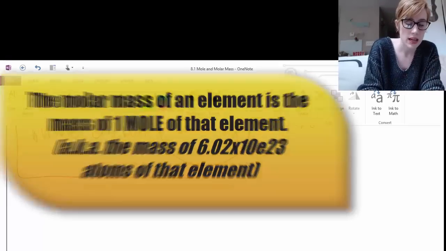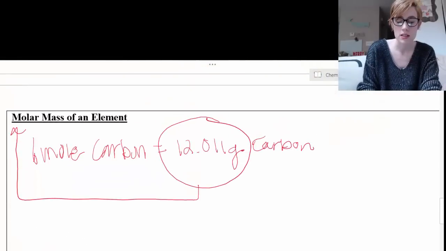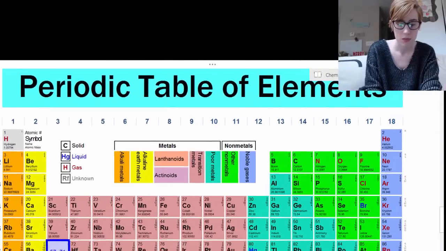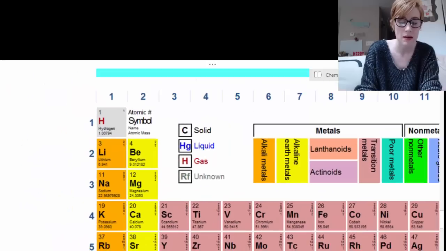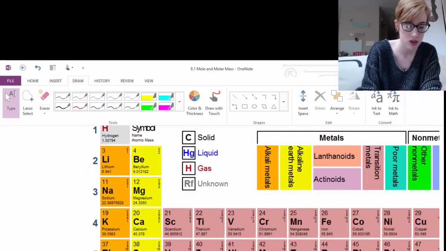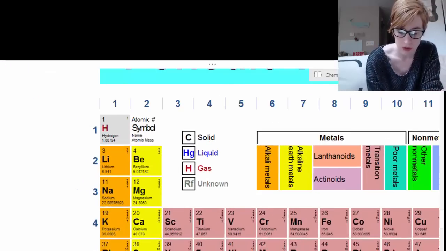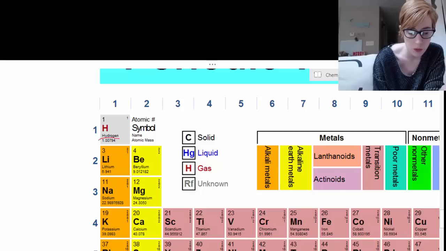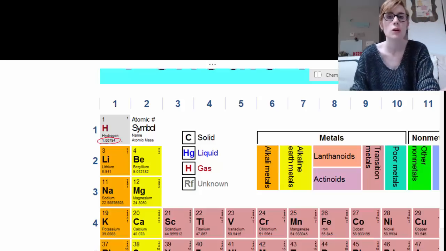On our periodic table, we have the molar masses of every single element. The molar mass is going to be the same number as the atomic mass, the average atomic mass of an element. For example, if you had 1 mole of hydrogen, it would weigh this many grams, 1.00794.